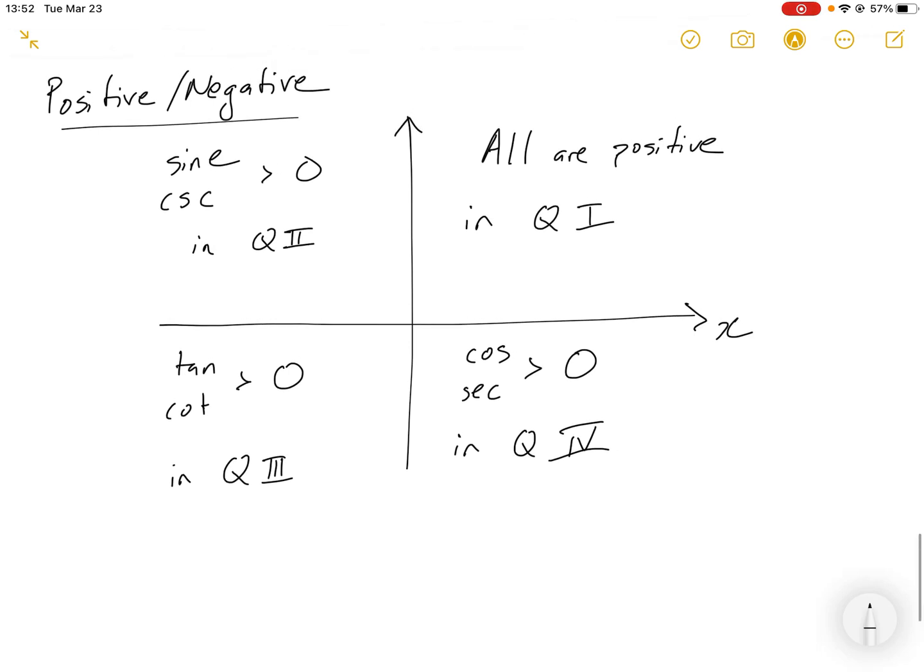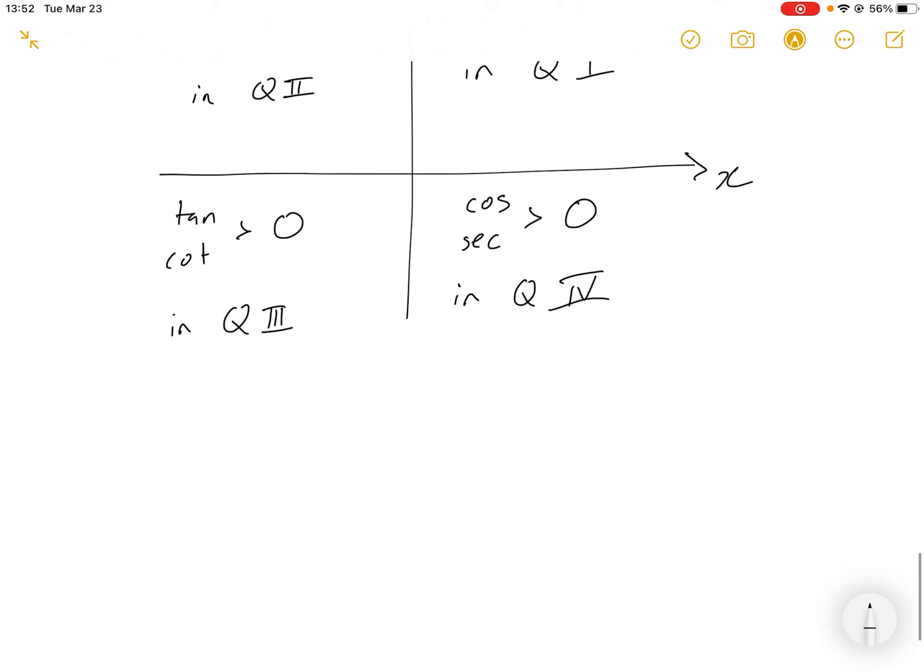And you could show this based on where x and y are positive. So if you ever forget this chart, just remember that when y is positive, that means that sine and cosecant will be positive. For tangent and cotangent, both x and y are negative in quadrant 3, which makes the actual value of tangent positive. And then x is positive in quadrant 4, so cosine and secant are positive in quadrant 4. So this helps you identify where an angle is.